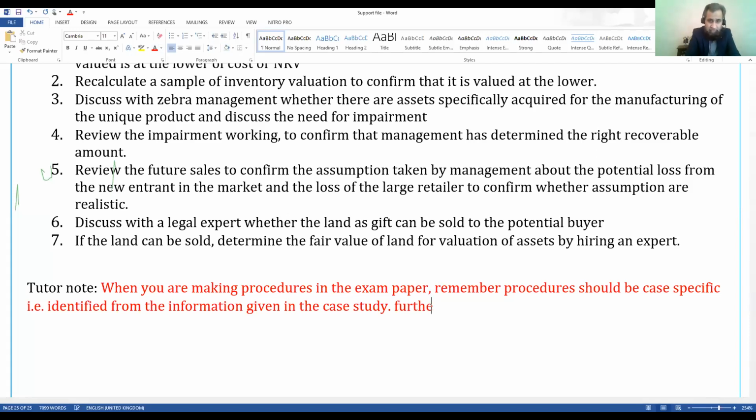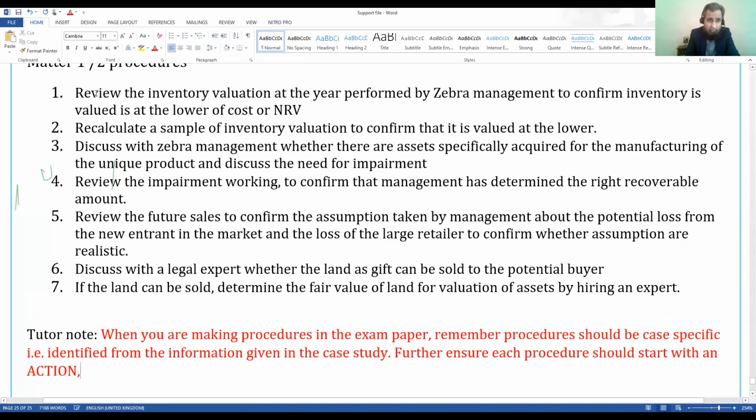Further, ensure each procedure should start with an action. Look at my procedures. Have they started with an action? Review is an action. Recalculate, action. Discuss, action.